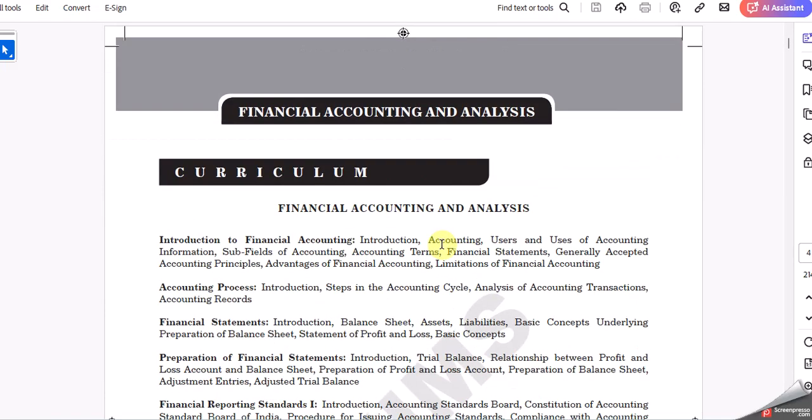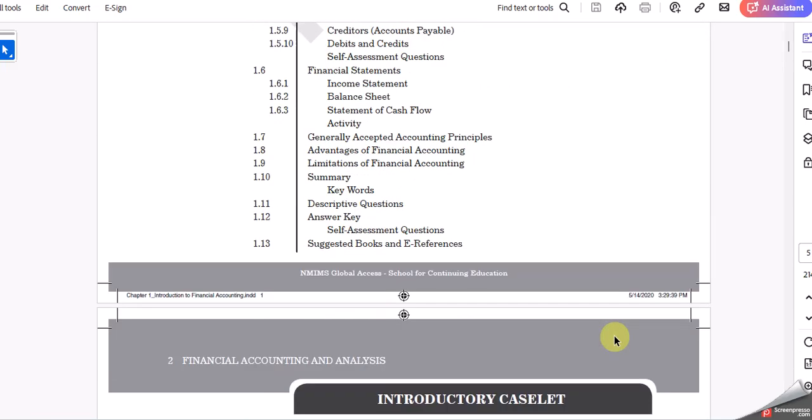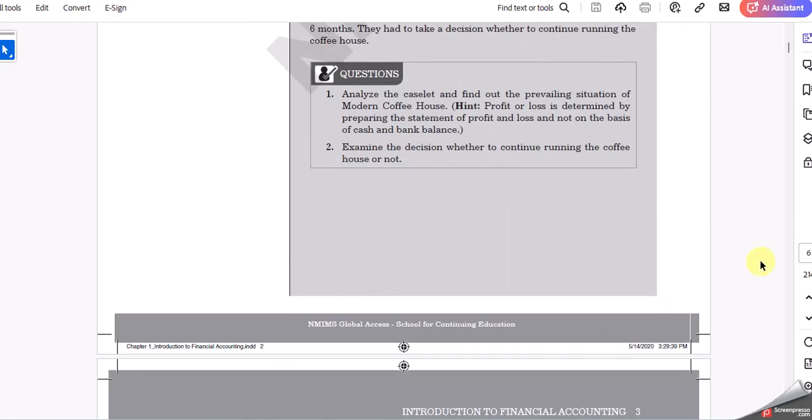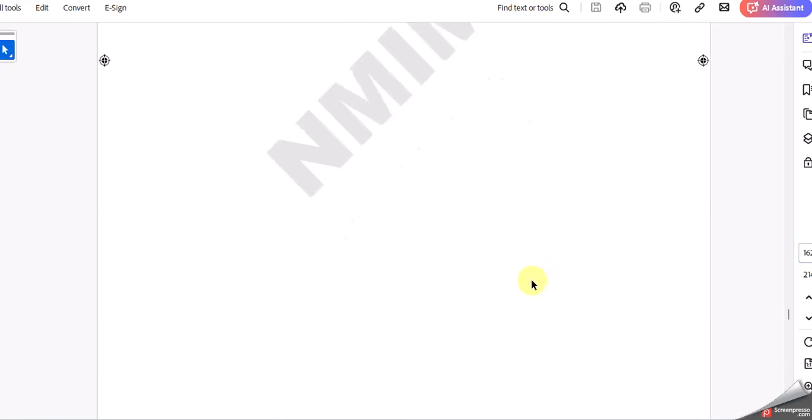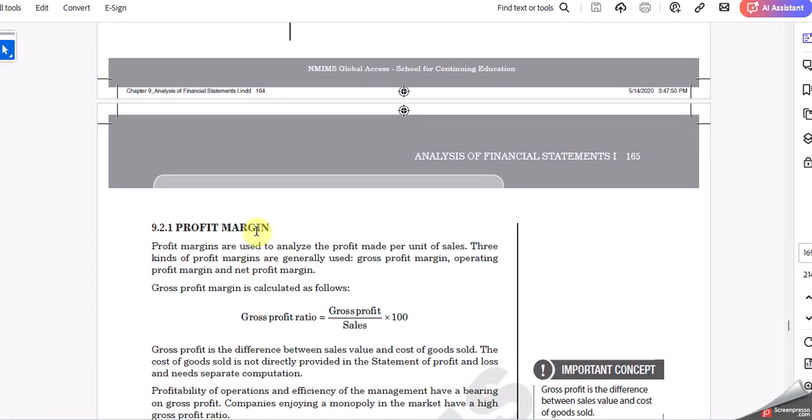These initial index and curriculum parts will not have numbers. That's how the textbook page numbers and chapter page numbers will be a little different. So don't worry, you will have the ratio analysis.